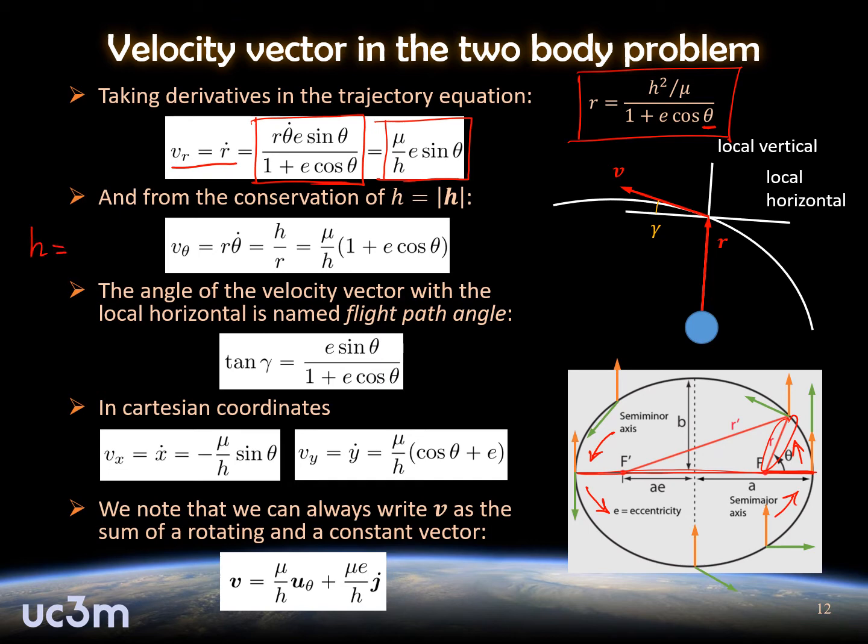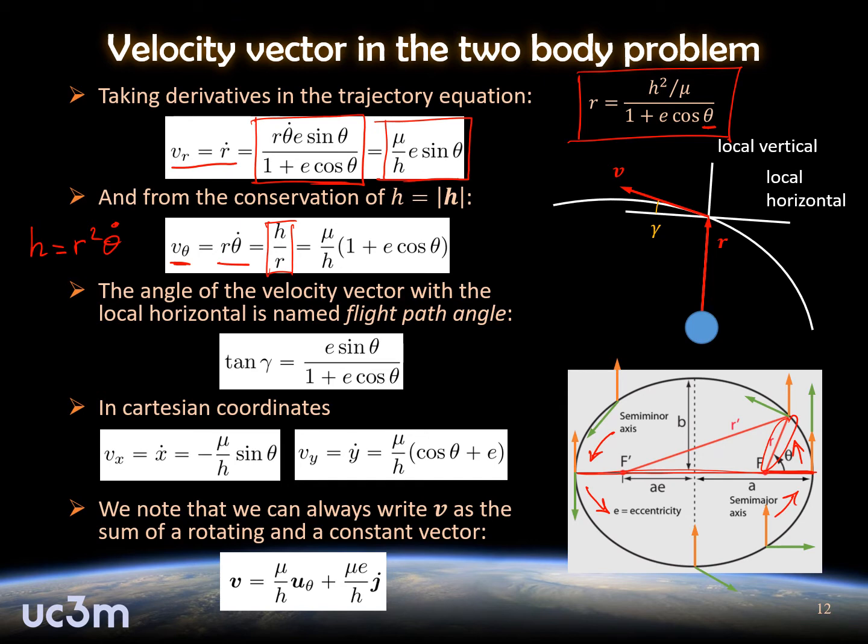In order to get an expression of the azimuthal velocity, we have to work with the expression of h. Remember that h can be written as r squared theta dot. So the azimuthal velocity is r times theta dot, and therefore it's just the ratio between h and r. Here you can again see that the smaller r is, the larger the azimuthal velocity, and vice versa.